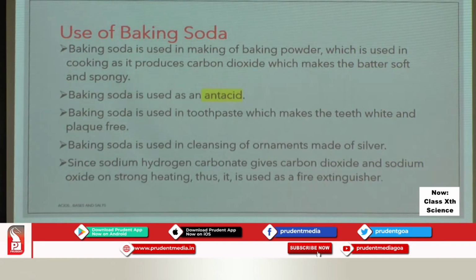Baking soda is used as an antacid. It is also used in toothpaste, which makes the teeth white and plaque free. Baking soda is used in cleansing of ornaments made of silver. Since sodium hydrogen carbonate gives carbon dioxide and sodium oxide on strong heating, it is also used as a fire extinguisher.